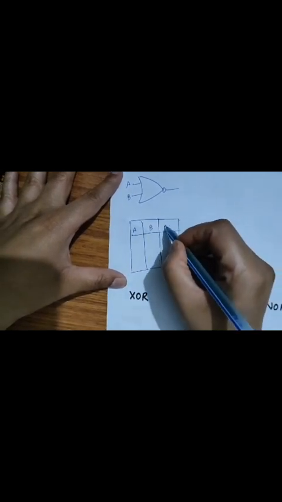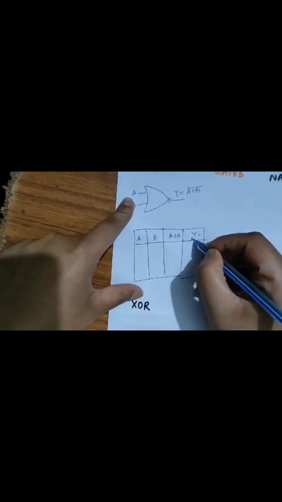So to draw the truth table for the NOR gate: A, B, let's say this is A plus B, and the NOR gate is an inverted OR gate, so the output is (A plus B) bar. 0 0 1 1, 0 1 0 1.